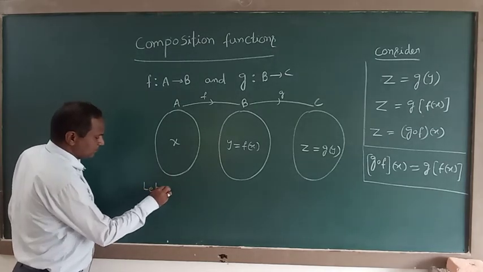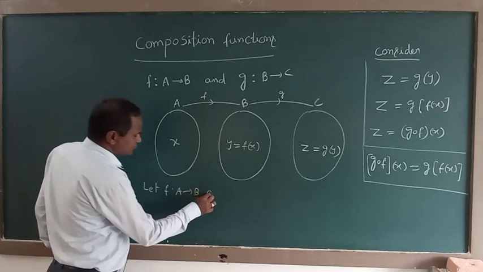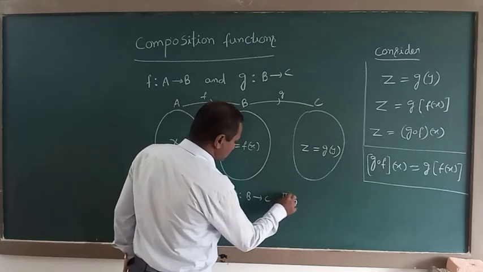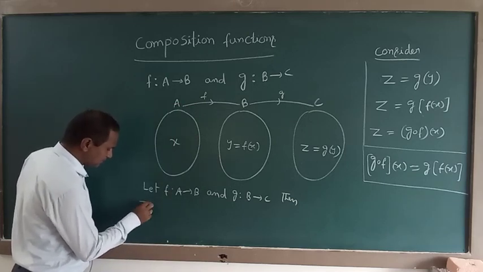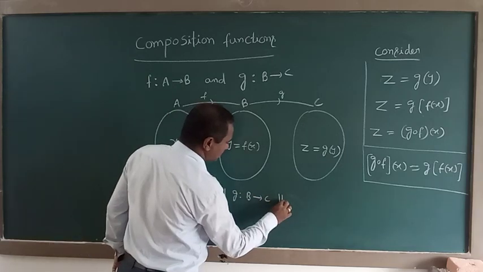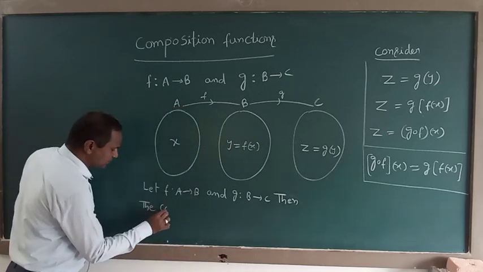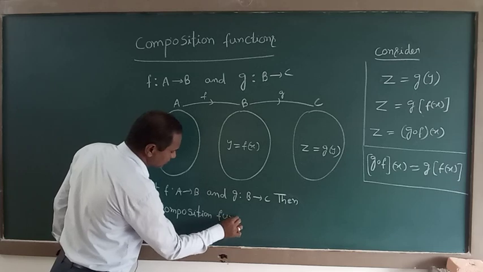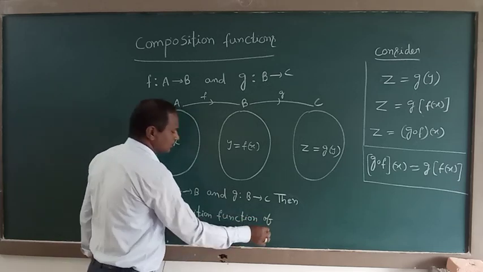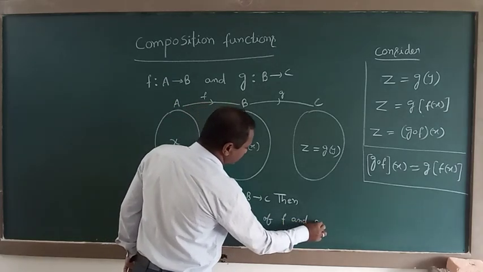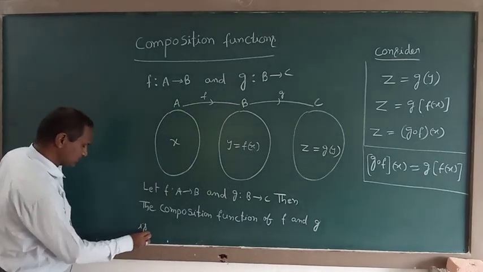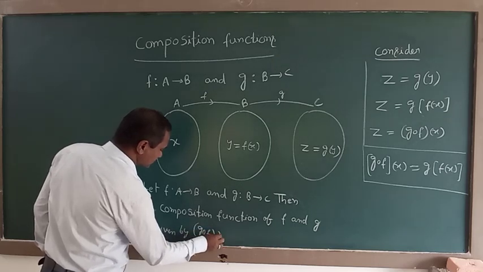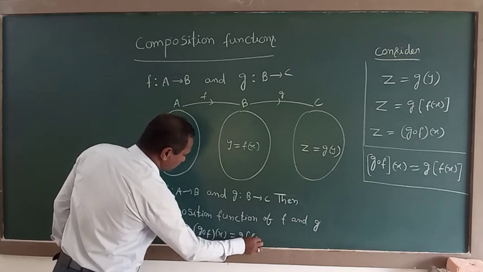Let f maps from A to B and g maps from B to C, then the composition function of f and g is given by g circle f of x is equal to g of f of x.